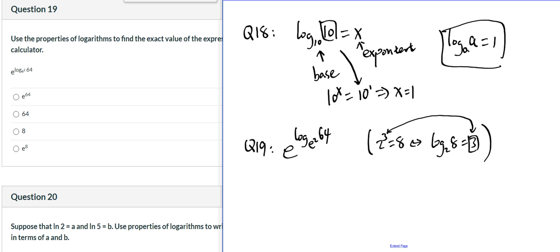Now, we want to replace this 3 by this 3. What do I mean by that? You see, 2 cubed, the 3 is this 3, but 3 equals log base 2 of 8. So you may write 2 to the log base 2 of 8, and here is 3.